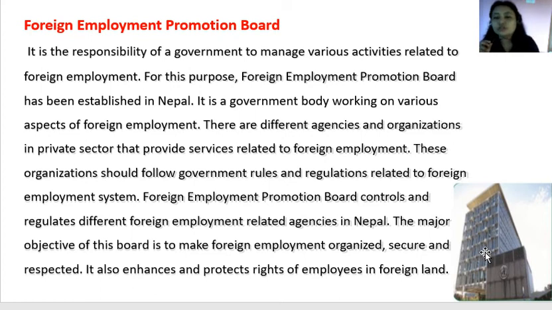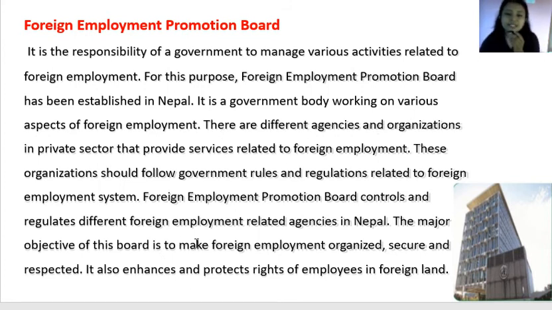And another is the Foreign Employment Promotion Board. Okay, so from the name only, Foreign Employment Promotion Board means you will be getting various information regarding the employment and activities which can be done in foreign countries. Its main responsibility is to manage foreign employment, and it is the government body working on various aspects of foreign employment.